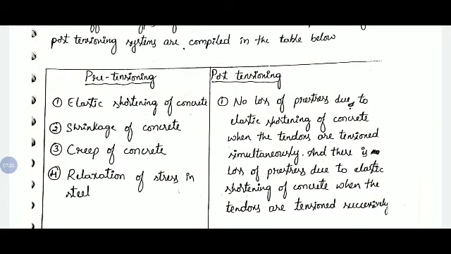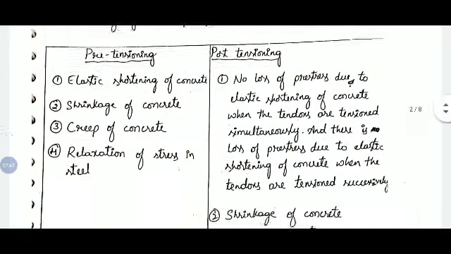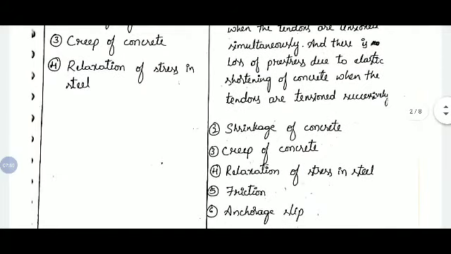But if you apply the tensile stress to all the tendons you have provided, for example all 5 tendons, at a time or simultaneously, then there will be no loss of prestress due to elastic shortening. If you apply one by one, then there will be loss of prestress. That you should remember. Then shrinkage, creep and relaxation are the same as explained for pre-tensioning.